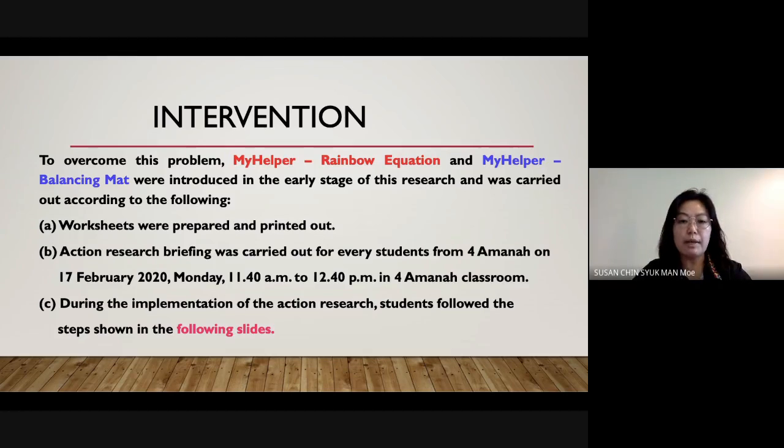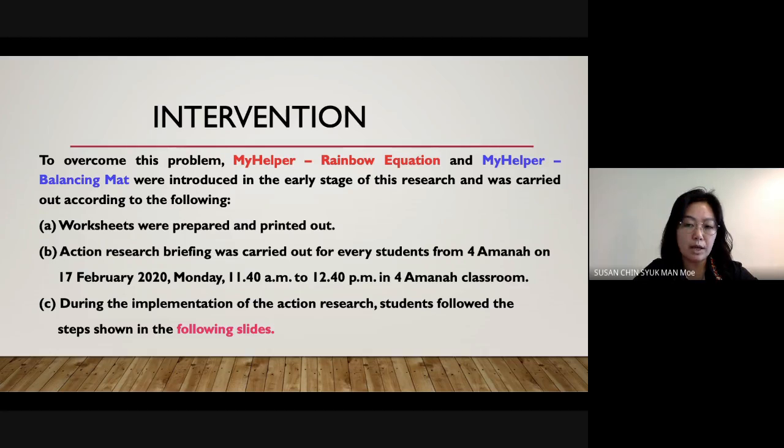So these two methods were introduced in the early stage of the research and were carried out according to the following. First of all, the worksheet. One piece of worksheet will be prepared, printed out and given to the group. Action research briefing was carried out for every student from Form 4 Amanah during the early part of the year, which is on the 17th February 2020.